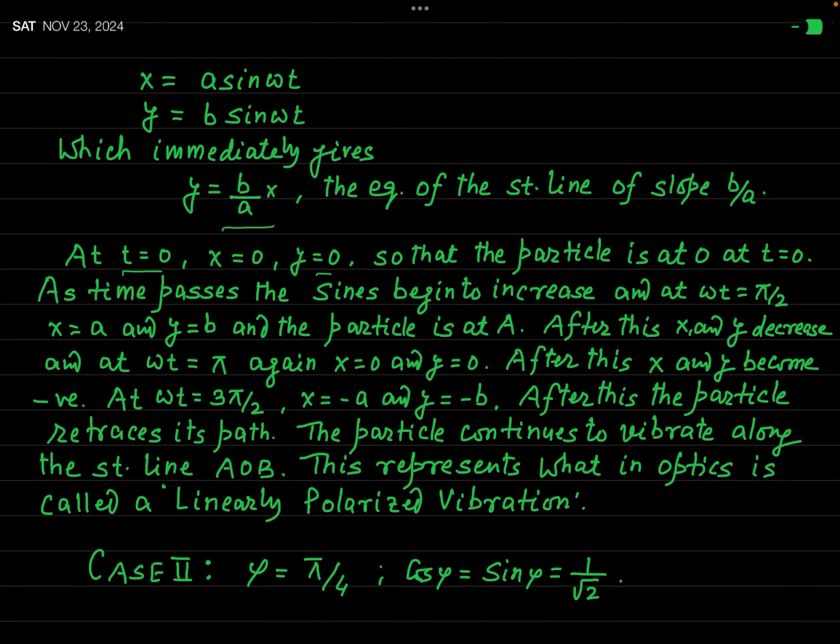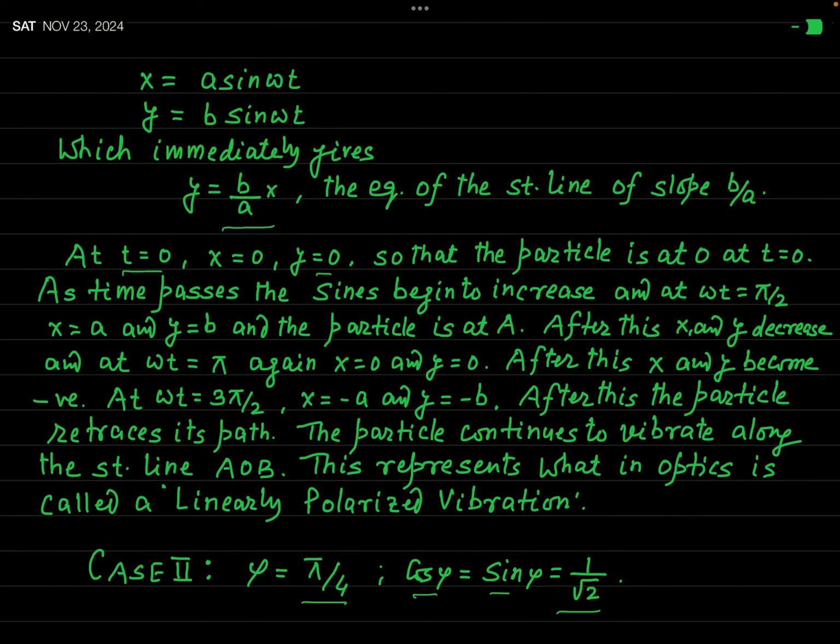Now we are going to see another case when we will take phi equal to pi by 4, that is 45 degree. When phi is pi by 4, then cos phi and sin phi both will be equal to 1 over root 2.